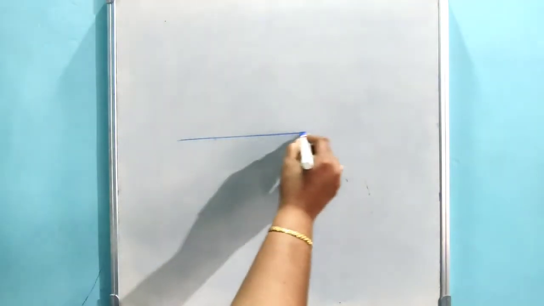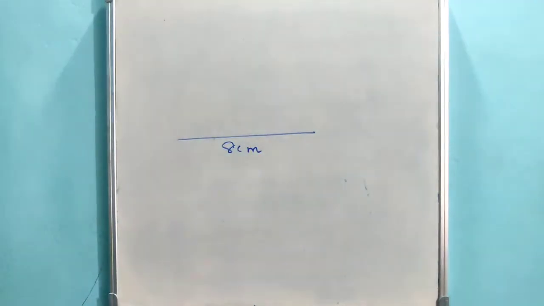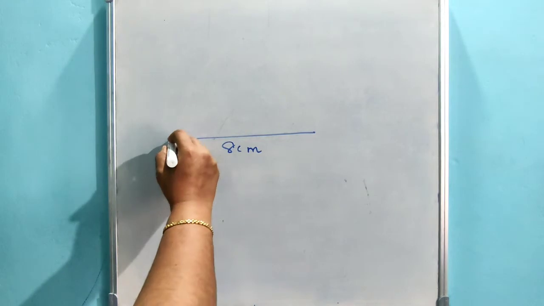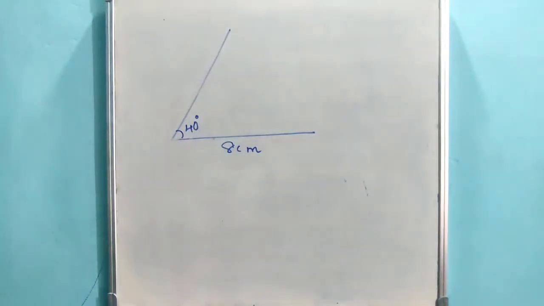Today we are going to do the last problem in the second exercise of this chapter, that is page number 109, question number 5. A triangle is to be drawn with one side 8 centimeter, and an angle on one side is equal to 40 degree.